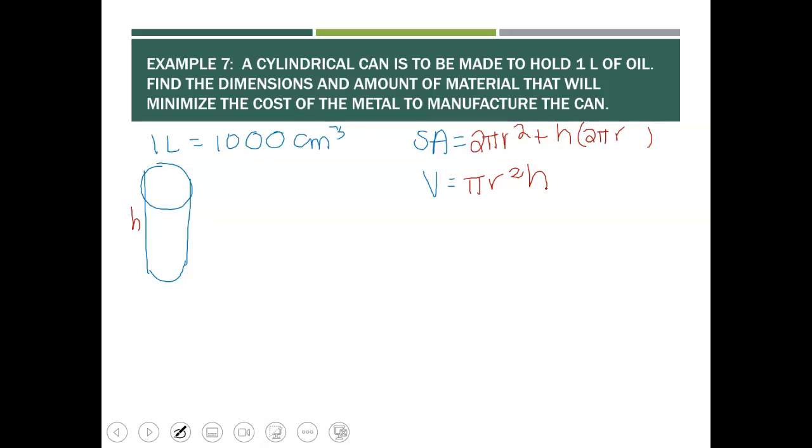So what are we trying to minimize? We're trying to minimize the material. So we're minimizing surface area. We're using volume as our formula to get rid of a variable, because we know the amount of volume the can is holding.